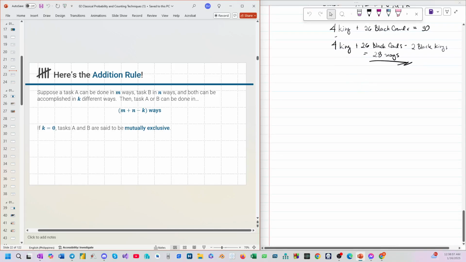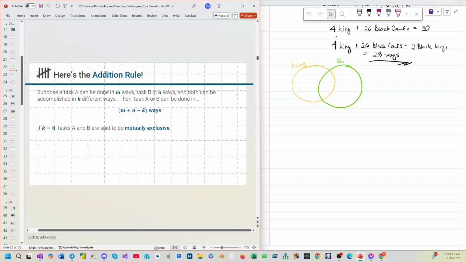In one circle we have the kings, and in another circle we have the black cards: the ace of spades, two of spades, three of spades, etc. And the kings have the king of hearts, the king of diamonds, and of course the king of spades, which is black, and the king of clubs.